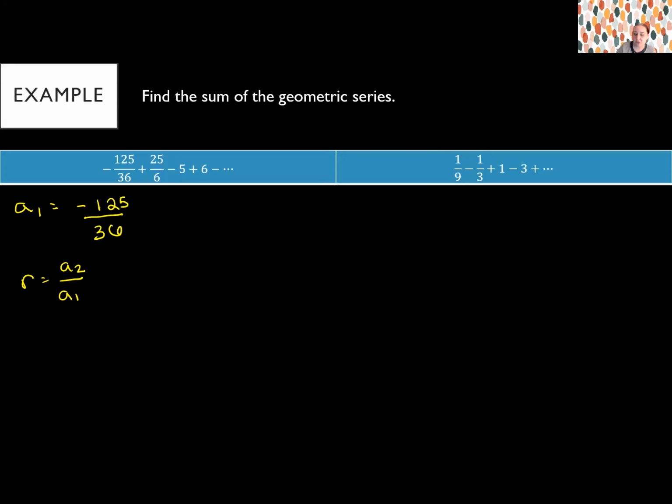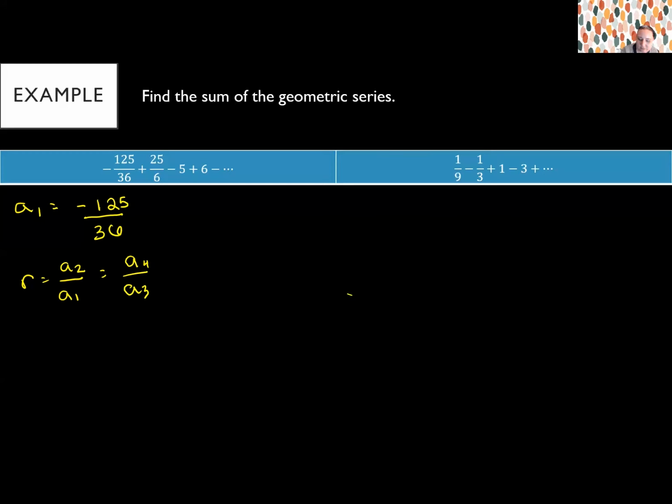Because we have a constant ratio, this is going to be the same as if we took A4 divided by A3. A3 and A4 are both whole numbers, so it would be a lot easier to use the whole numbers to find our ratio versus the two fractions. We should get the same answer, but it may just be easier to do.